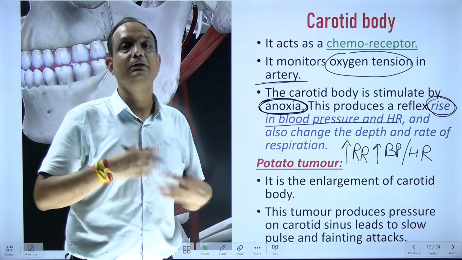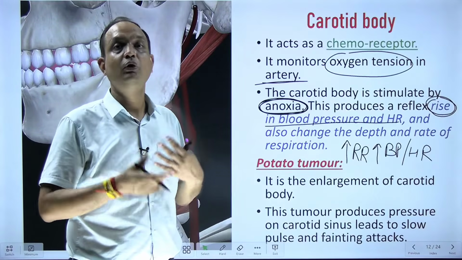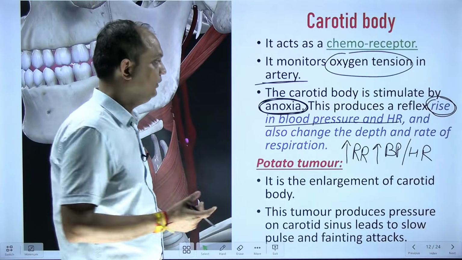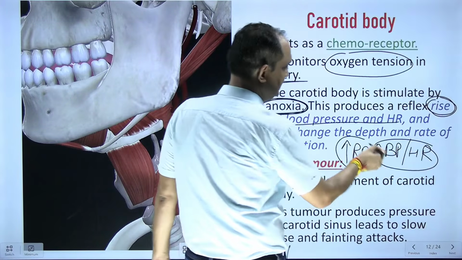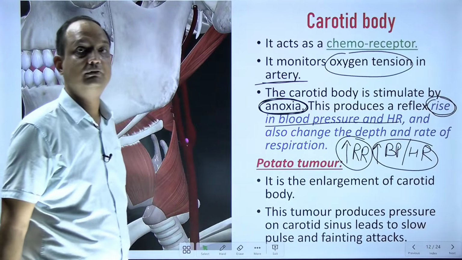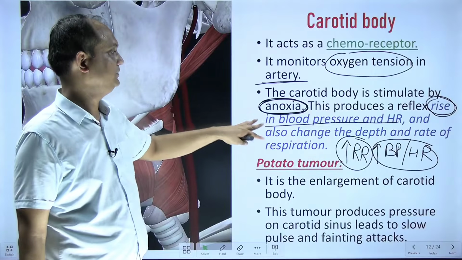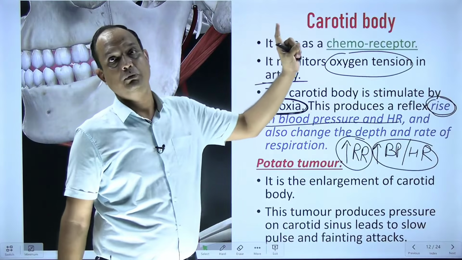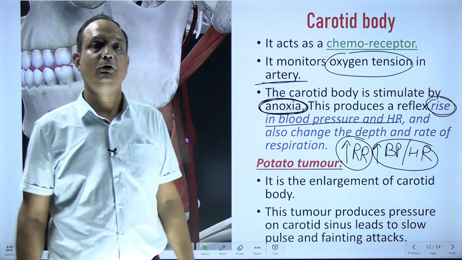You will clear the carbon dioxide in your body and you will get more and more oxygen inside. And for that you need increased blood pressure and heart rate and increased depth as well as rate of respiration. That effect is possible by the stimulation of the carotid body.